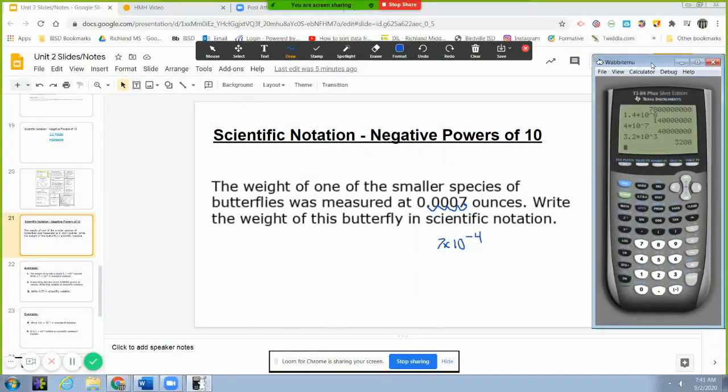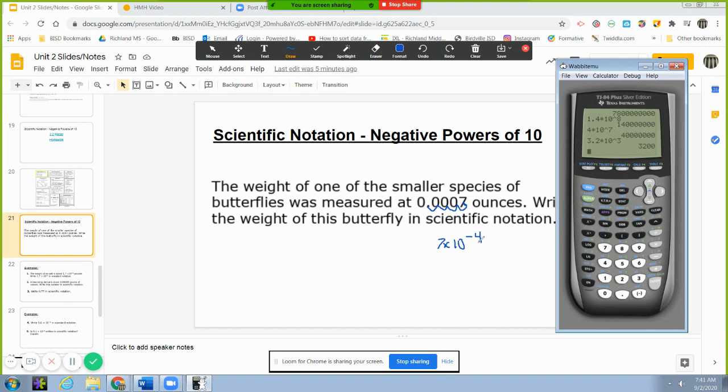Let's put that in the calculator and see if that works. So we have 7 times 10, little hat, negative 4. Let's see what we get. Okay, this means 7 times 10 to the negative 4 power.